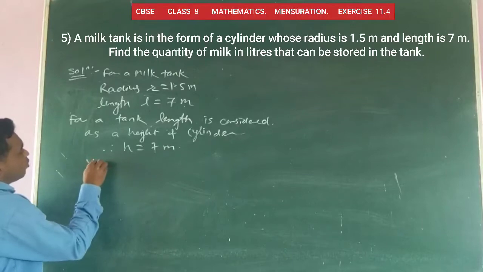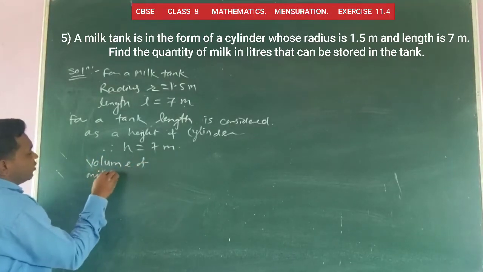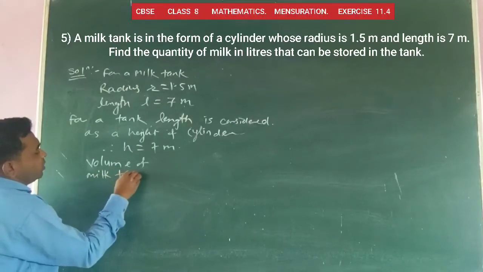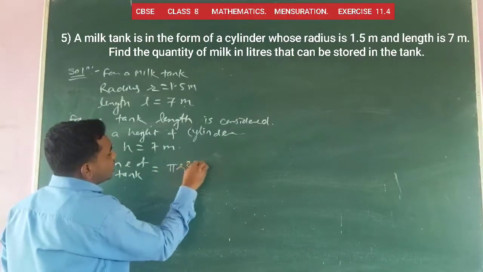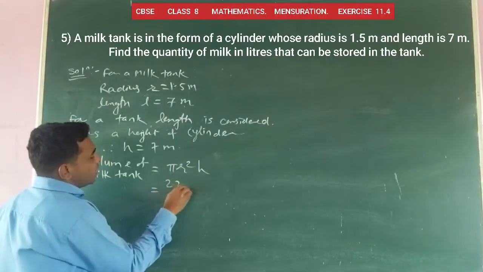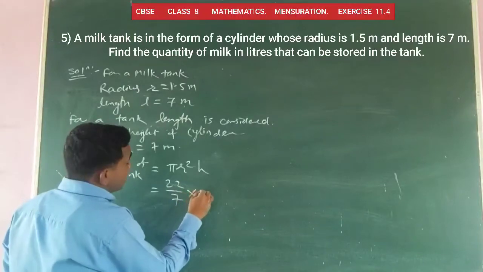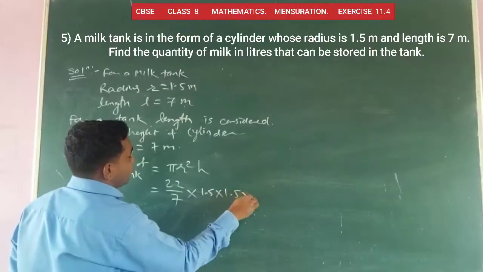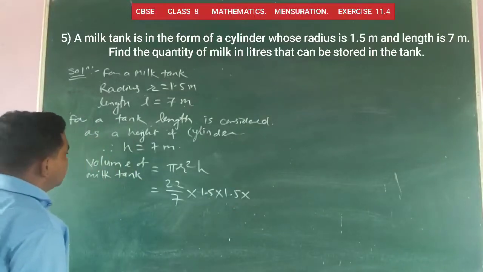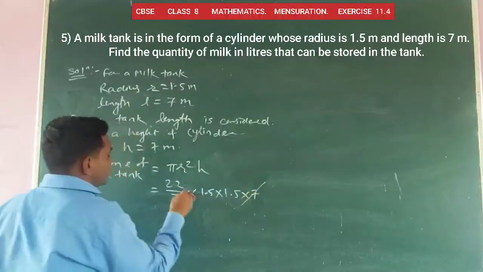That means we have to find out the volume of the cylinder. Volume of the milk tank is equal to pi r square h. What is the value of pi? 22 by 7 into radius 1.5 into 1.5 into 1.5 and height is 7. So 7 get cancelled.